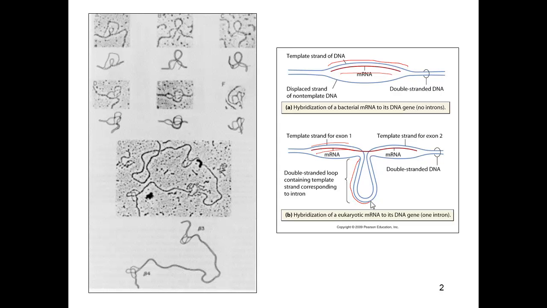Genomic DNA corresponding to the intron will not hybridize to anything in the mature mRNA, but then this other part of the mRNA will hybridize to part of the genomic DNA for exon 2. And these kinds of structures are observed, like for instance here, and that was how the existence of introns was deduced.